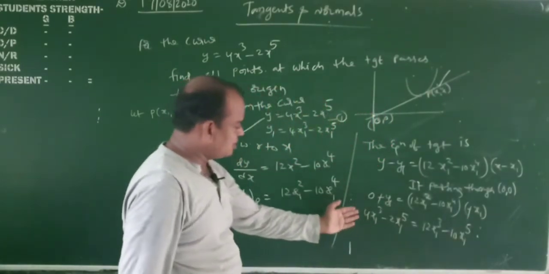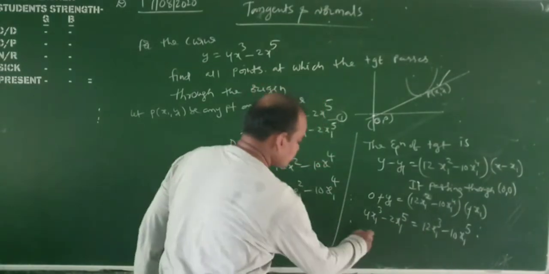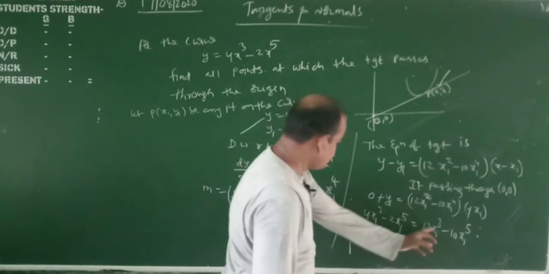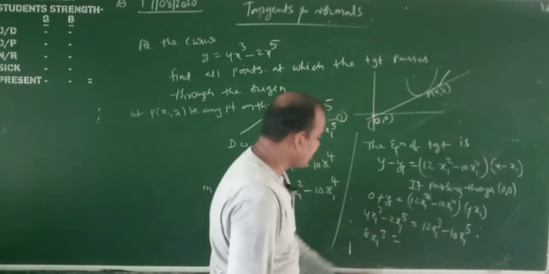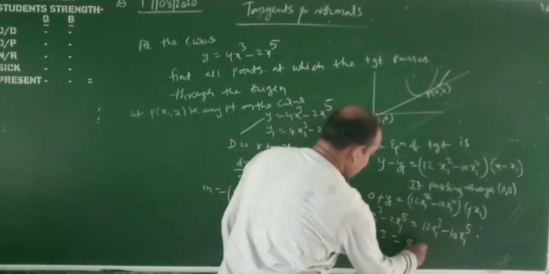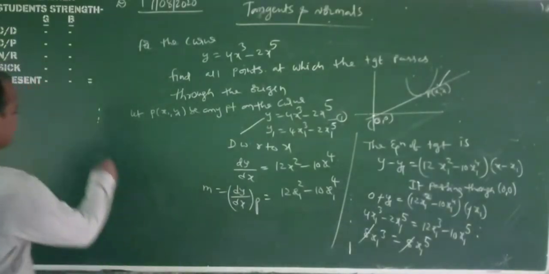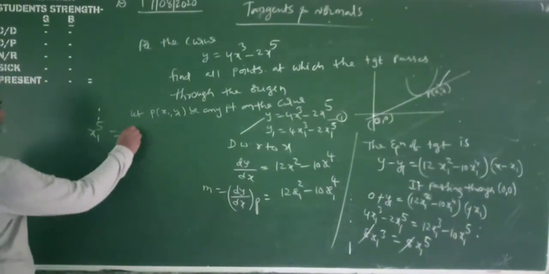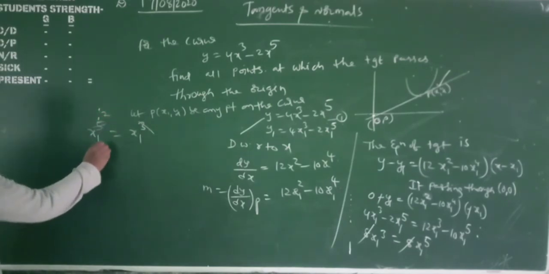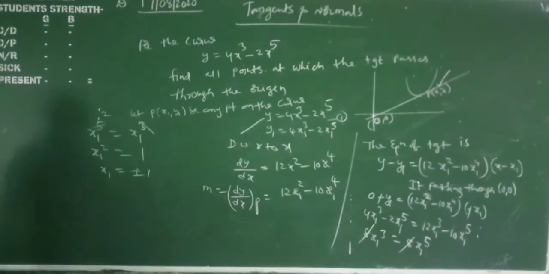Now take like terms to each side: 12 minus 4, 8x1 cube, equals 10 minus 2, 8x1 power 5. The 8 cancels. x1 power 5 equals x1 cube. Now the cube cancels, so x1 square equals 1, and x1 equals plus or minus 1.